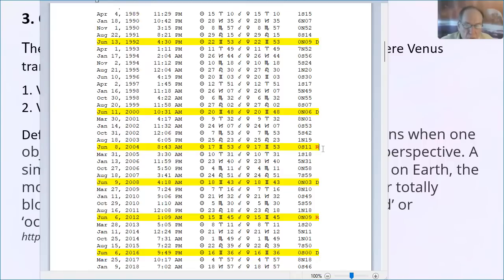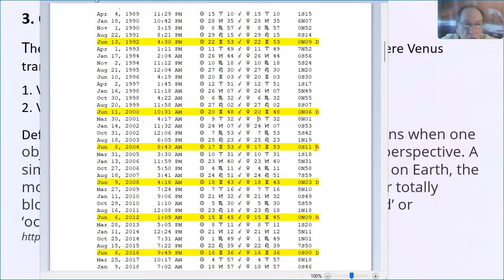And here's one where I put the R for retrograde and I made it red, on June 8th, 2004. When Venus was conjunct the sun, its latitude was 0 south 11. If it's 16 minutes or less, it means there was an occultation. Venus moved in front of the sun.